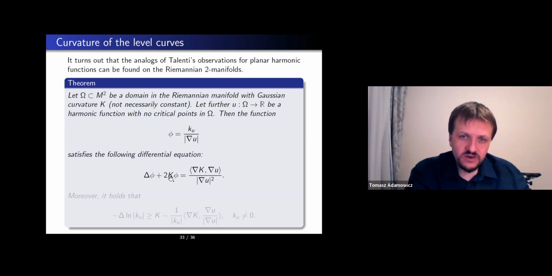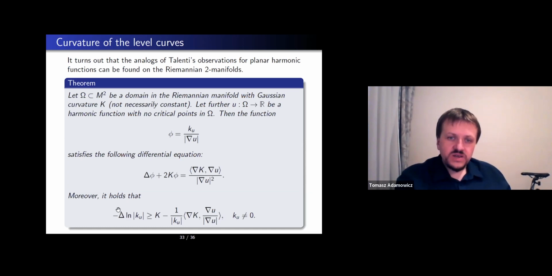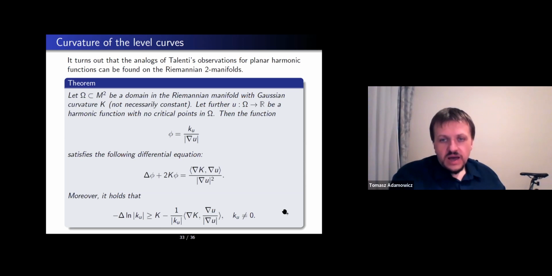And if the Gaussian curvature K is identically 0, then this equation reduces exactly to Talenti's observation. Moreover, we have the following differential inequality for the absolute value of curvature. And again, when the Gaussian curvature K is 0, we are back to Talenti's result.